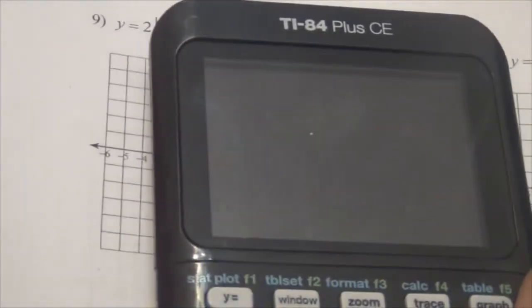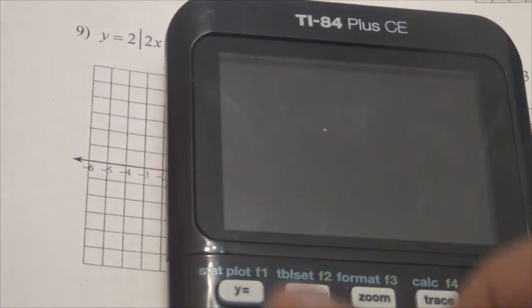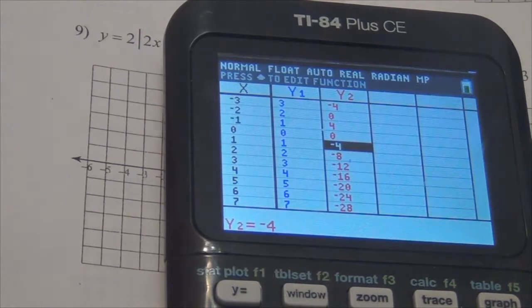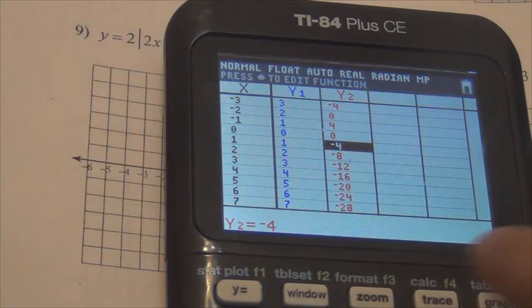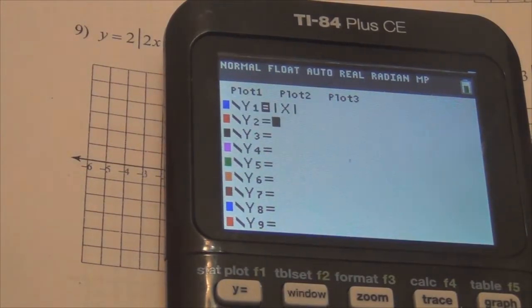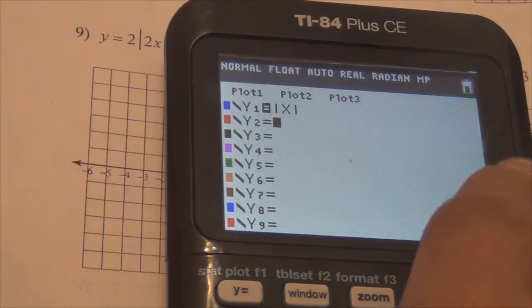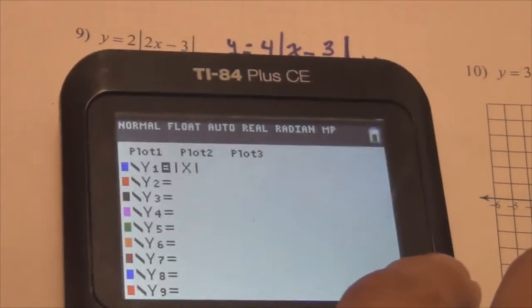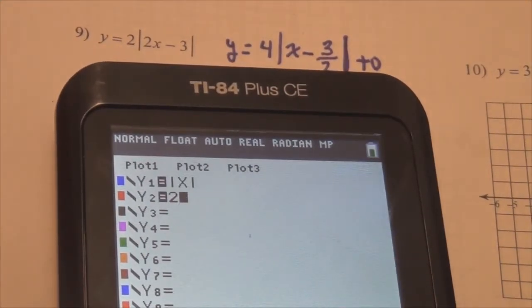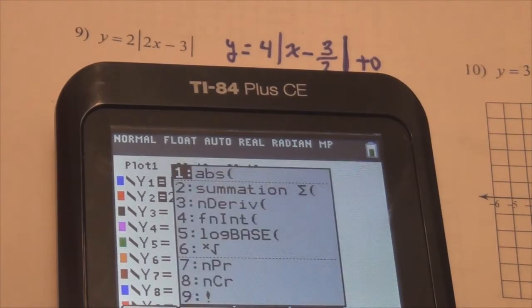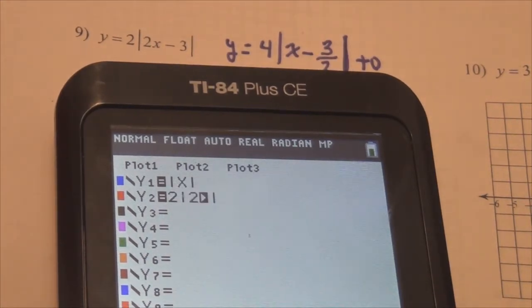Now you have the calculator, you could do it on the calculator. I just wanted to show you because they want you to describe the motion. So that's how you describe it. Well, it's going to shift this, it's going to translate that, blah, blah, blah. Okay, so y equals, let us clear this, and let us write the original one. It's going to be 2 absolute value, and then you have 2x minus 3.